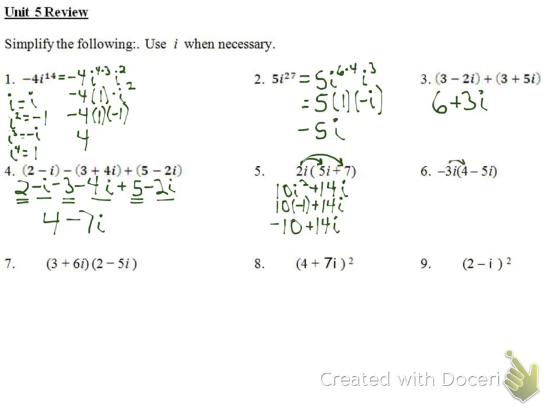Number 6, we distribute again. We get negative 12i plus 15i squared. Now 15i squared is going to become 15 times negative 1, which is negative 15. We can put that out in front. Negative 15 minus 12i.